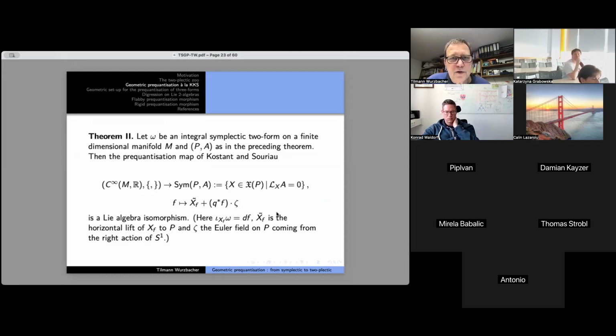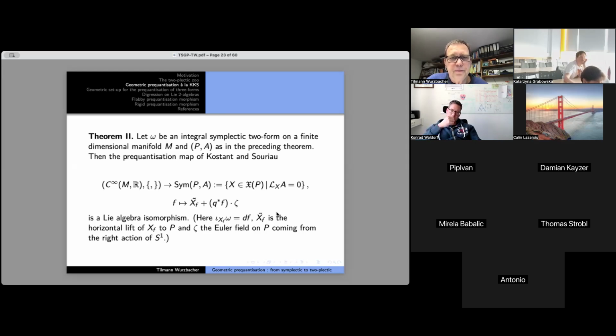And the second theorem in this context of Kostant, Souriau is: if omega is non-degenerate, if omega is symplectic, then here I concentrate on finite dimensional manifolds, because otherwise you have discussions on what is a vector field. Is a vector field a derivation or a section of the tangent bundle and so on? And I don't want to discuss this now. So I take a finite dimensional manifold with an integral symplectic form.